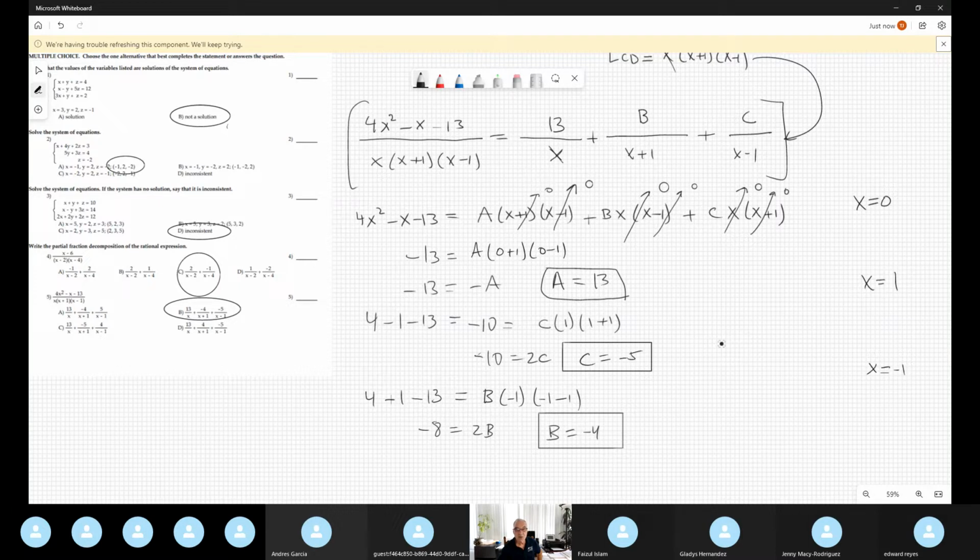C, associated with the x minus 1, is negative 5, no? Okay, and negative 5 here. B is negative 4. Okay, and this is my final answer. I know it's too long, sorry, but it's no big deal.